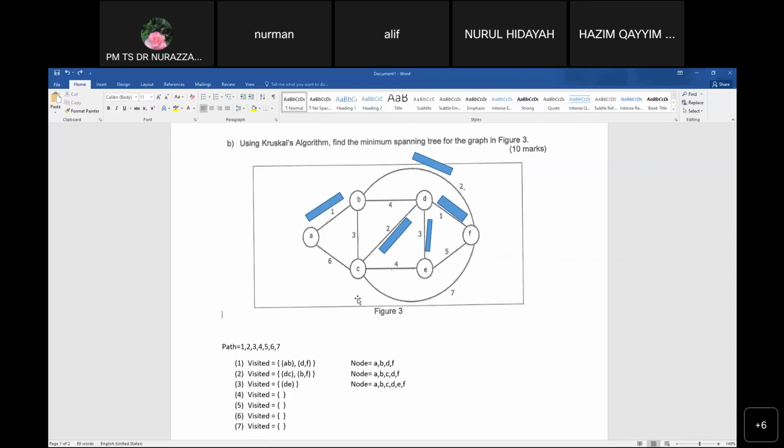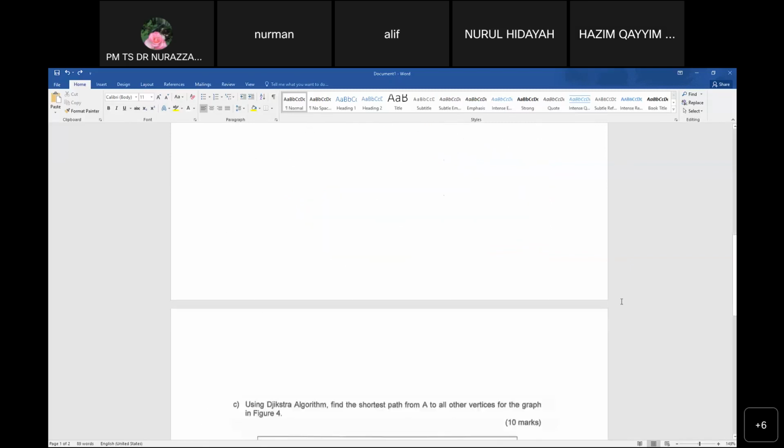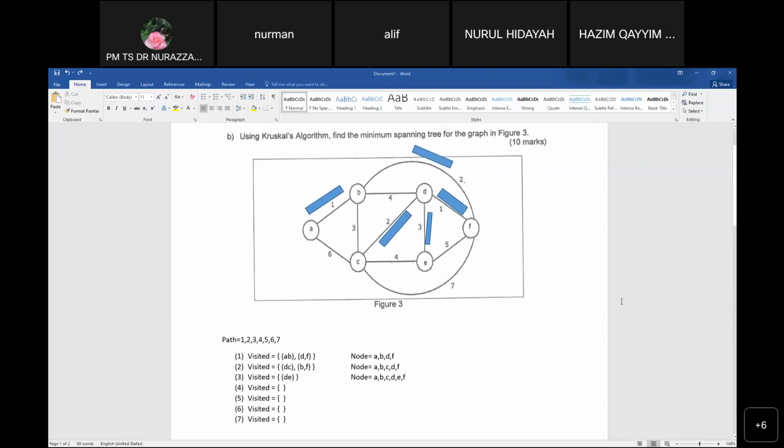Okay, so this is the answer provided by Norman. Then highlight the selected edges and the total cost. You did not write the total cost? This is Kruskal MST. You have to write it. At the end you write total cost of MST is equal to the total cost of what you selected. 1 plus 2 plus 1 plus 2 plus 3.